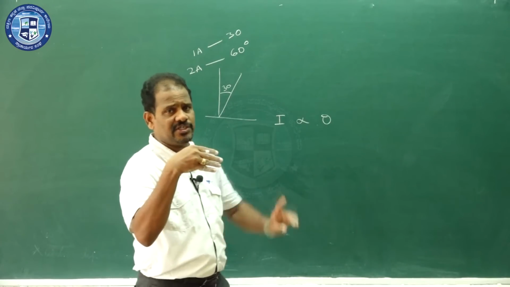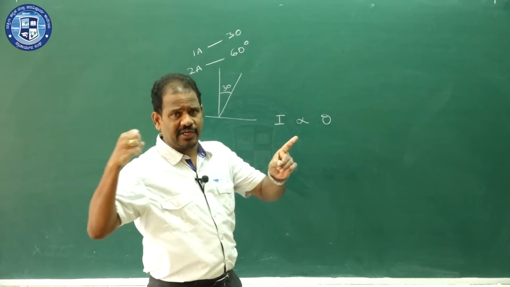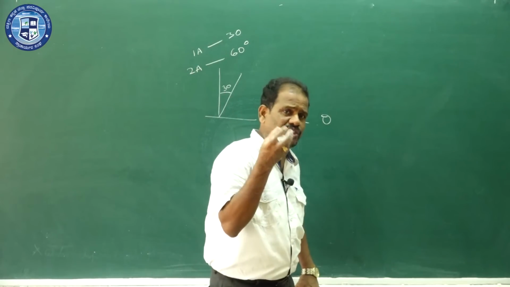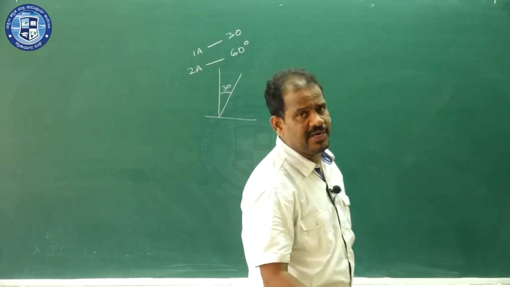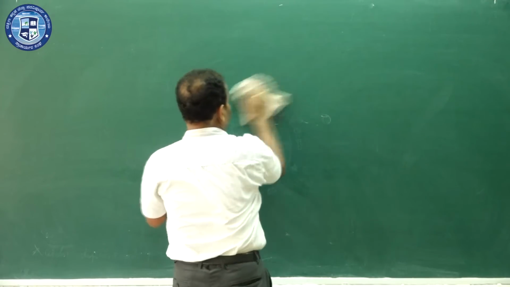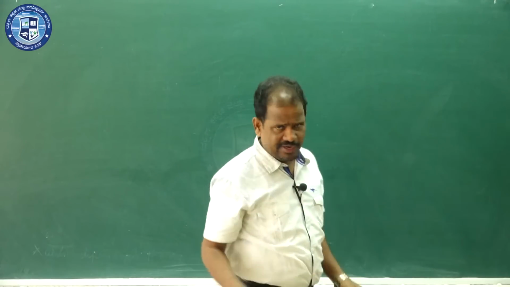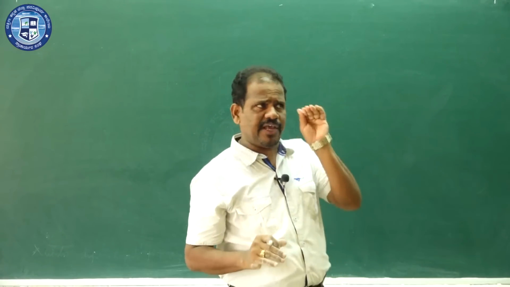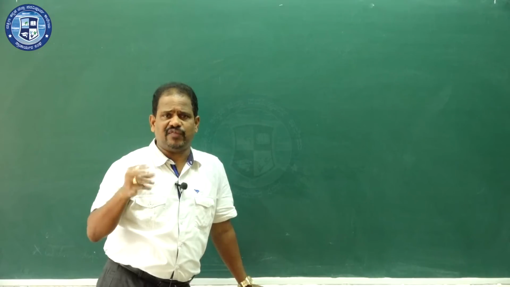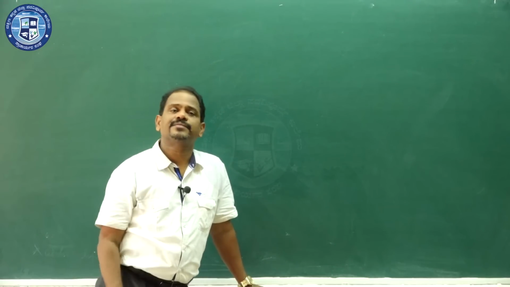When you give current, it deflects. When you take the current away, it comes back to the original position. Taking these two aspects into consideration, the meter is designed. The principle is the same, the torque on a current carrying coil kept in a magnetic field, but taking into consideration the proportionality in deflection and restoration.